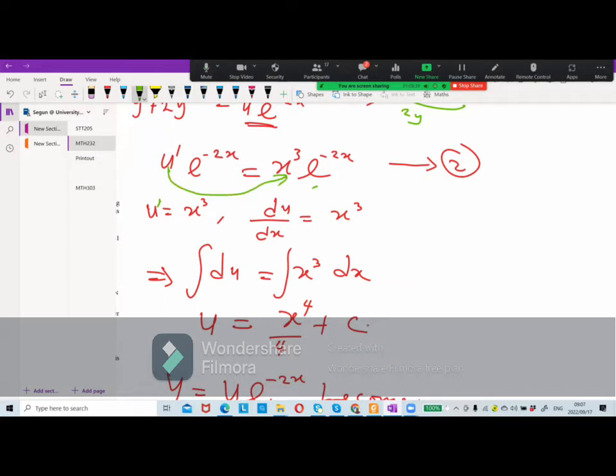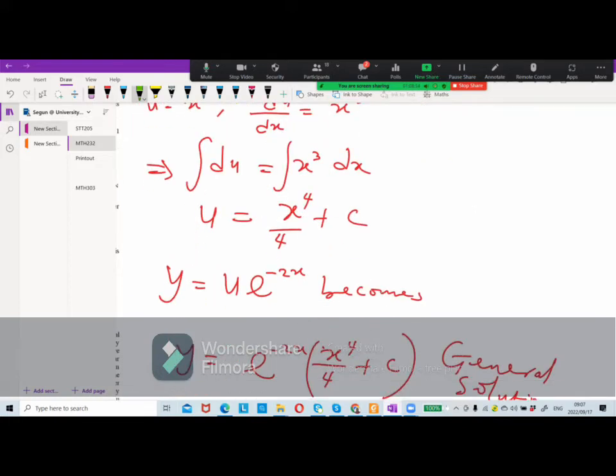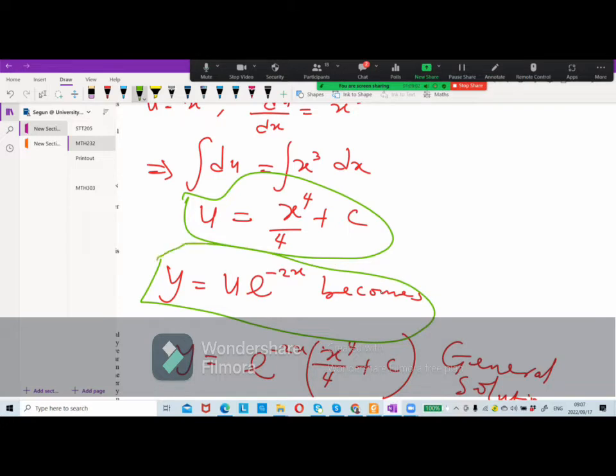And I need u, and this is the same already, so I don't bother myself with that. So the one I need u for, I need to go back to it. For you to have u from u prime, you have to integrate both sides. So after integrating both sides, I have this. And I go back to my y, which is this. Then my y becomes, substitute my u back, and I have my general solution.